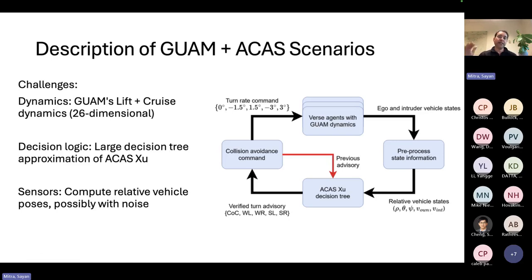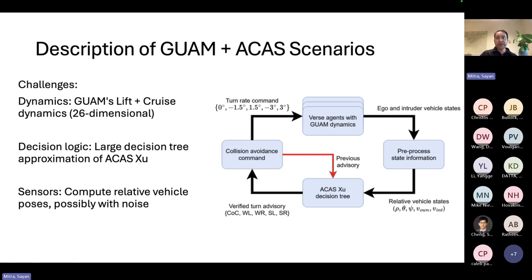So depending on the relative vertical separation, for example, one particular neural network will get activated, and the output of that would be one of these collision advisories. So that collision advisory then goes out and is fed as an input to the actual aircraft model. Okay, so that's the complete closed loop system.